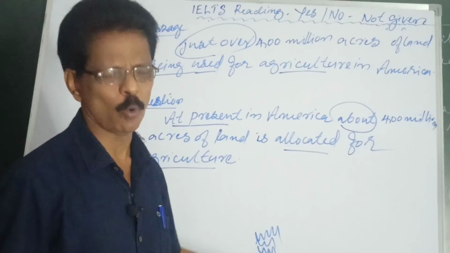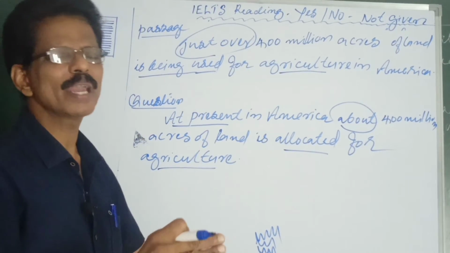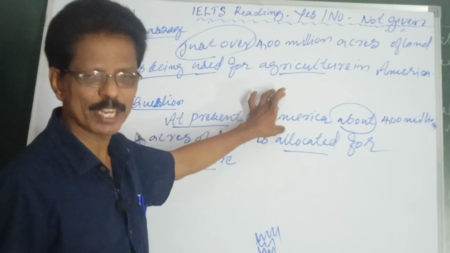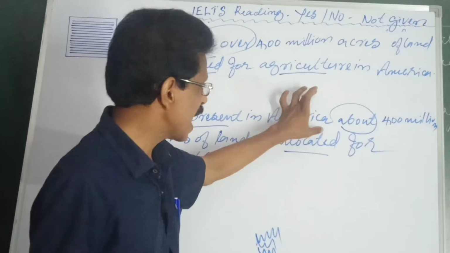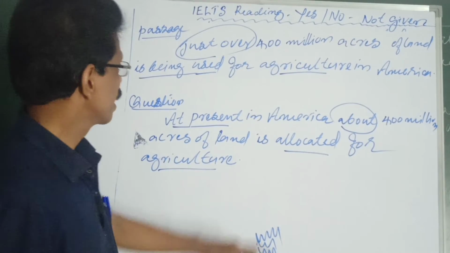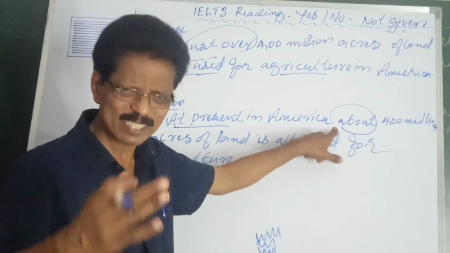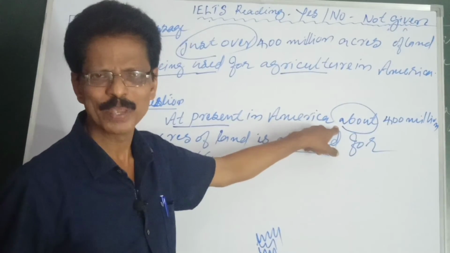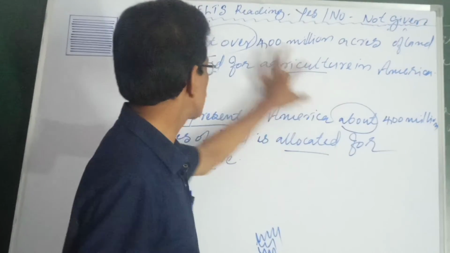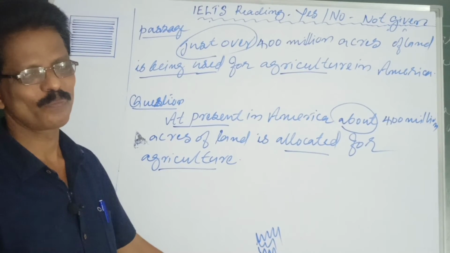About means around, maybe a little over, a little less, that is all. If it is to be false, it should be contradictory and opposite to what is given in the passage. No. About means exact, not given. Somewhat, about, just under, just over, nearby. The only difference is about and just over, but that does not make much difference. The meaning is almost the same. Is it clear to you?